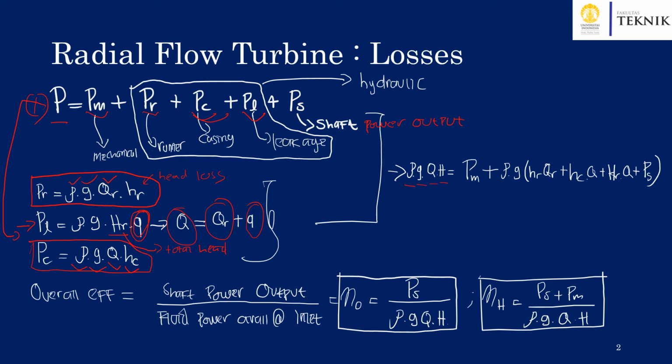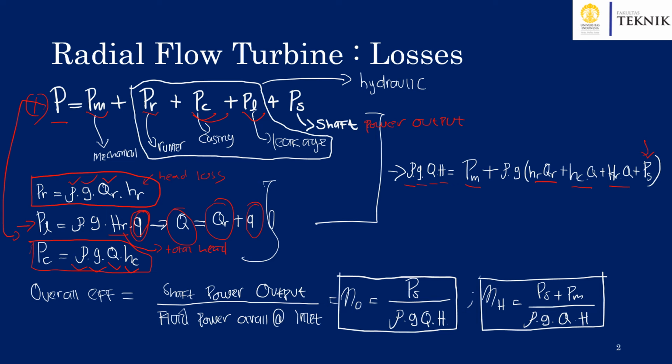And then we put the mechanical power loss here, and then we have the runner power loss, we got the casing power loss, and we got the leakage power loss here, plus the shaft power output.